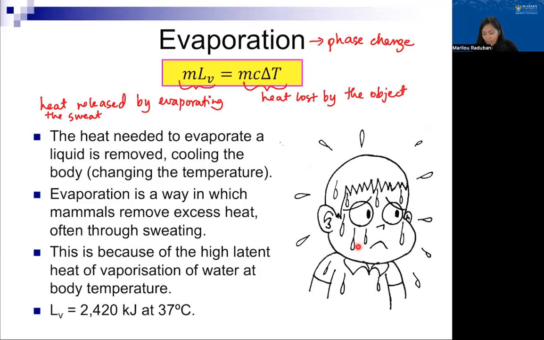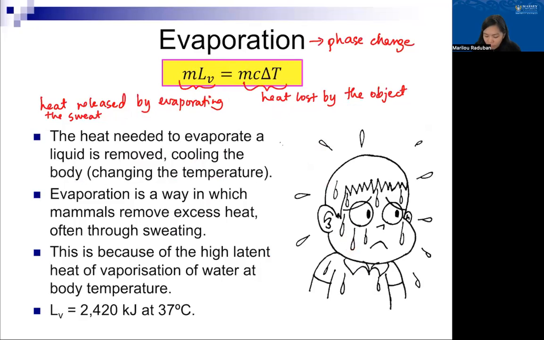When the skin loses heat, the temperature of the object will change, right? We've learned that if you lose heat, that results in a change in temperature for the skin, but that also results in the evaporation of the sweat. So you have the relationship that the heat released by evaporating the sweat will translate to the heat lost by the object.